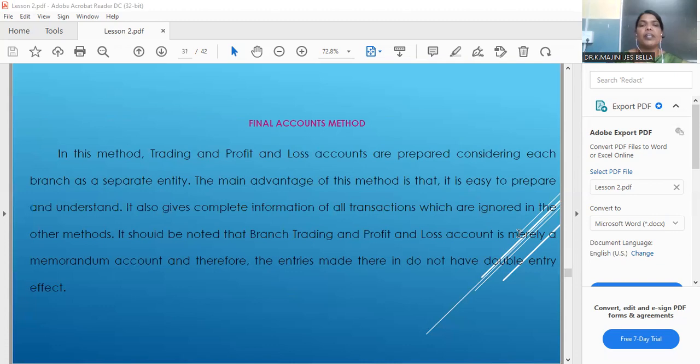The main advantage of this method is that it is easy to prepare and understand. It also gives complete information of all transactions which are ignored in the other methods. It should be noted that the branch trading and profit and loss account is merely a memorandum account, and therefore the entries made therein do not have double entry effect.